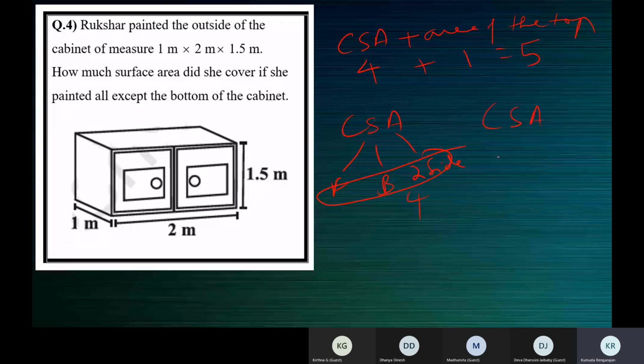When you find the CSA, you're finding the area of the front face, back face, left side face and right side face, totally 4. That is the curved surface area. Now to the curved surface area, include the area of the top. Don't find the area of the bottom. She's not painting that. That will give you the area she's painted.